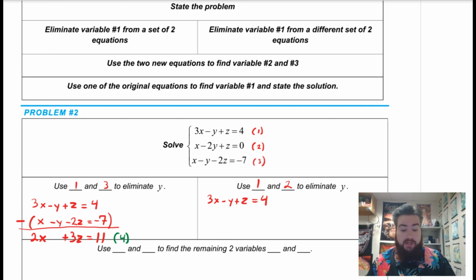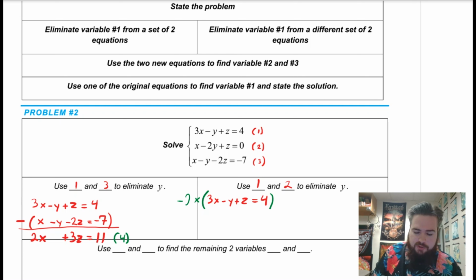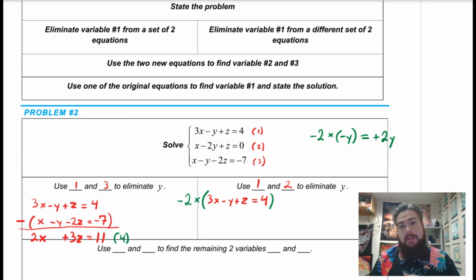So what I'm going to do here, there's a few ways to approach this, but I will choose to take that first equation and I will multiply it by negative 2. The reason for that is because negative 2 multiplied by negative y is going to give me a positive 2y. And positive 2y will combine very nicely with that second equation to eliminate minus 2y. That is why I choose to multiply by that constant.